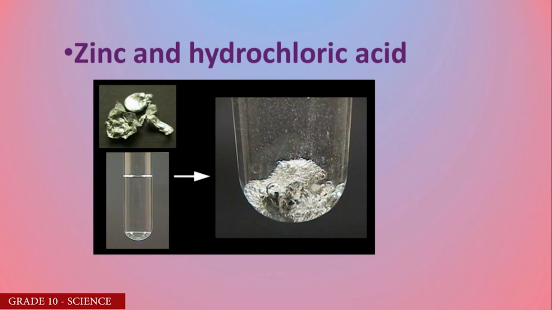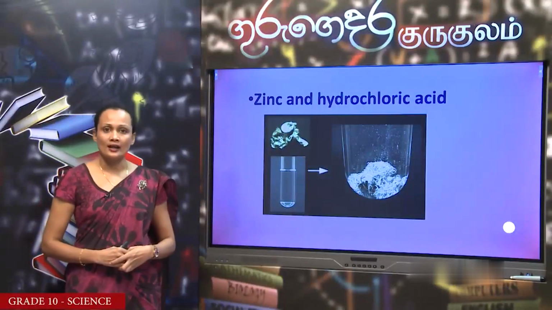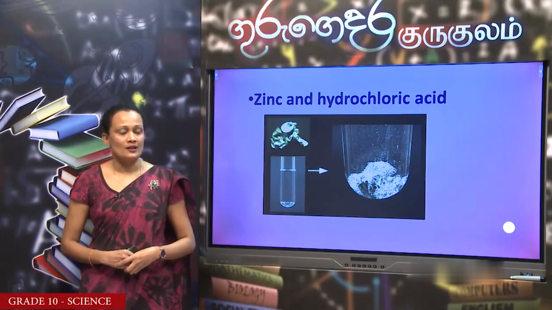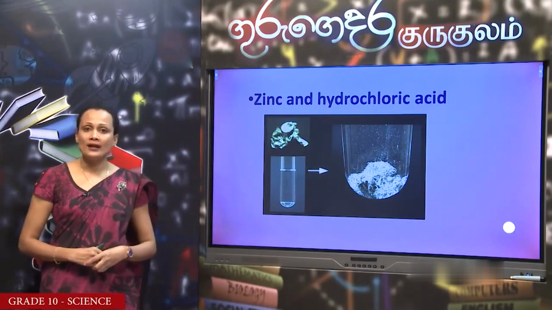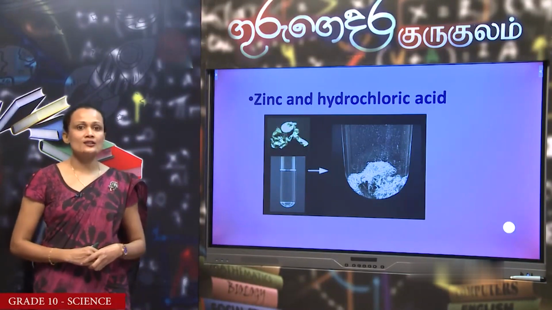You can see there are some gas bubbles evolving. That means in the reaction between zinc and hydrochloric acid, gas bubbles are evolving. So we can take it as one evidence for a chemical change. When a chemical change occurs, sometimes gas bubbles can be evolved.